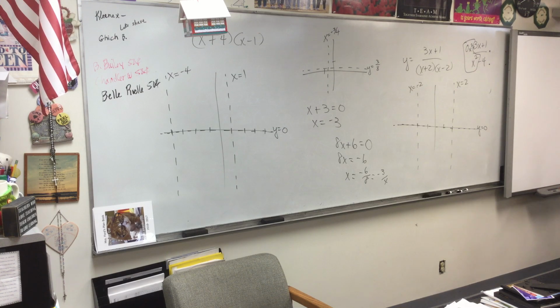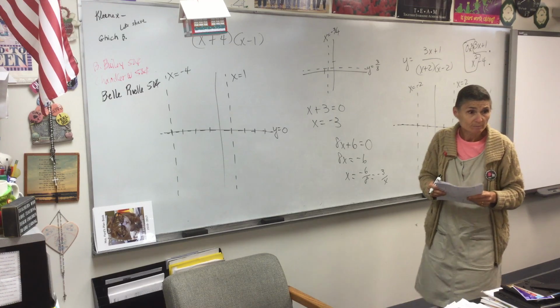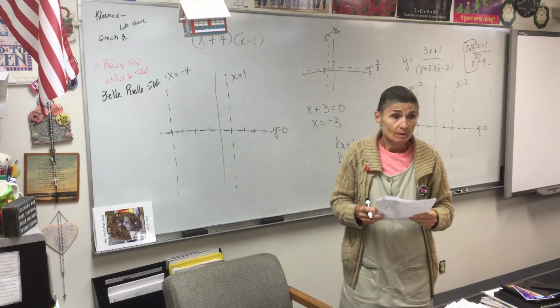Jazzy, why is my horizontal asymptote at 0? It's easy, you got it. Anytime the power on the bottom is bigger, your horizontal asymptote is going to be at 0. Okay?